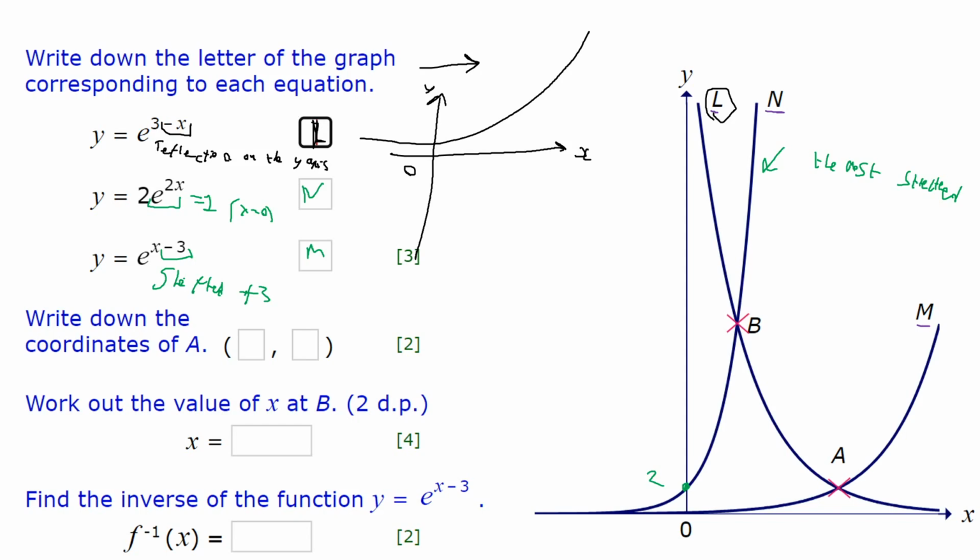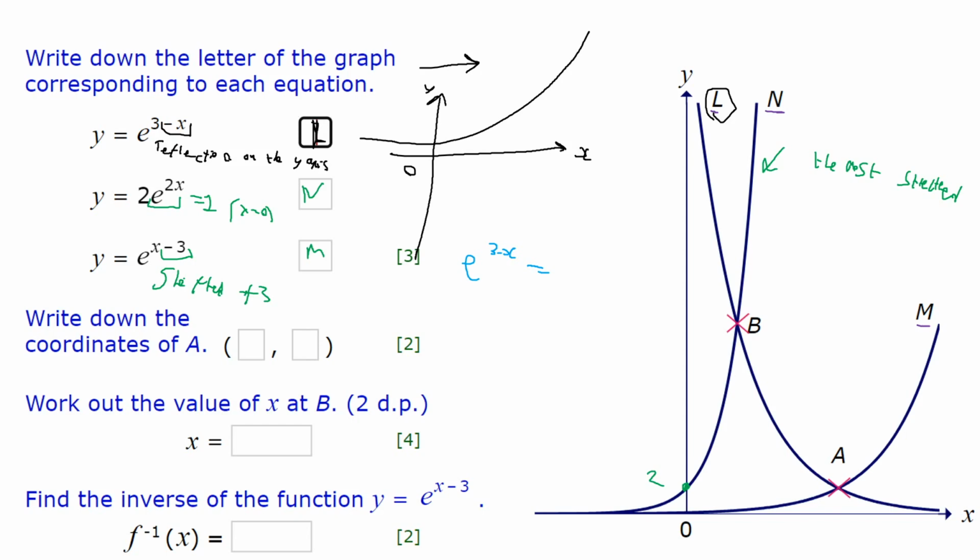Okay, so how are we going to work out what a is here? Well, this is the point at which L and M are equal. So, e to the 3 minus x is equal to, what is that, M?